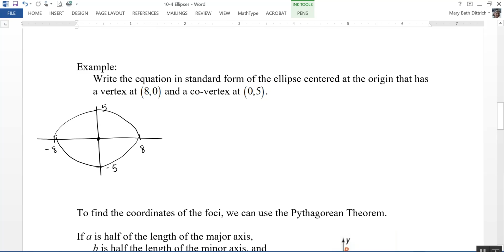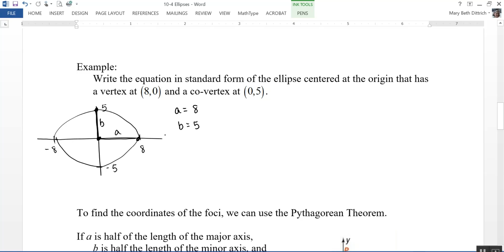Okay, so what that means is that this tells me what my a and b are. My a is this distance right here from the center to a vertex, so my a is equal to 8. b is the distance from a covertex to the center, that would be this right here, so my b is going to be equal to 5.